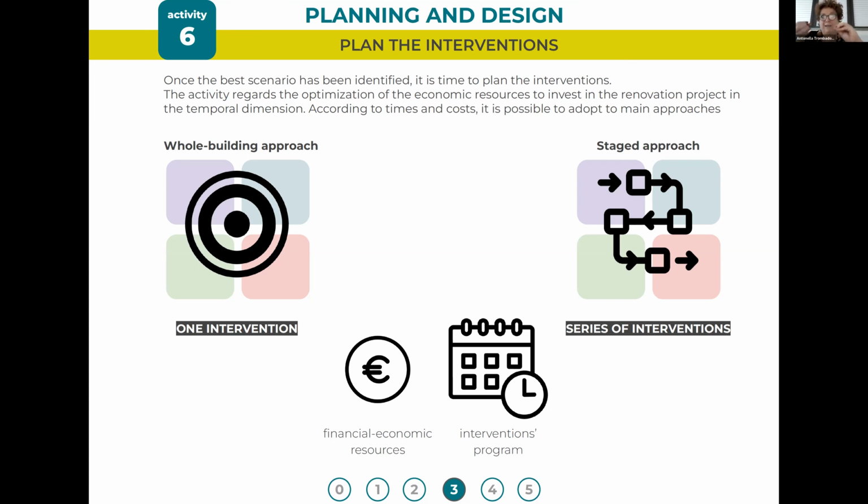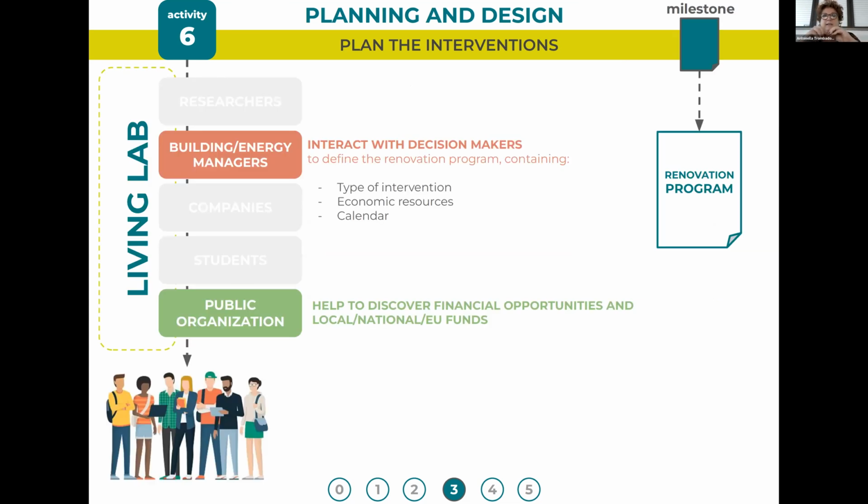So this is the planning, the plan of intervention. And this is the role of energy managers and of course the owner in the public organization, because they can help to discover financial opportunities, local, national funds, so to support the global retrofitting action or the single sub-project.